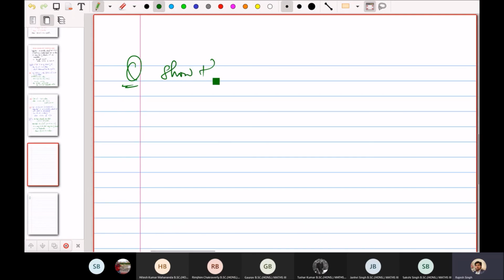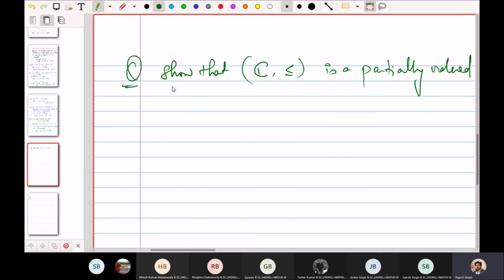Show that C is a partially ordered set, but is not a chain.